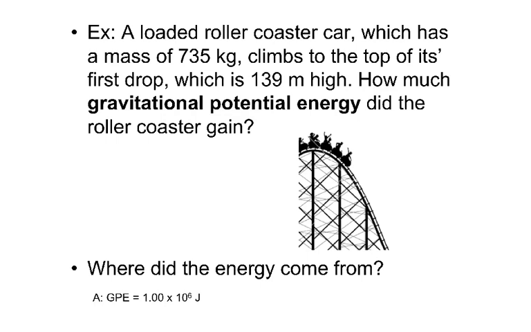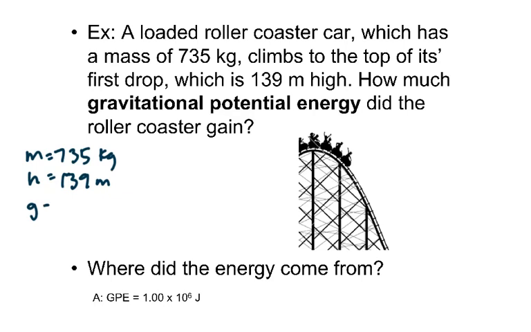In this example problem, we want to find out how much GPE the roller coaster has if it has a total mass of 735 kilograms, and it's at a height of 139 meters.